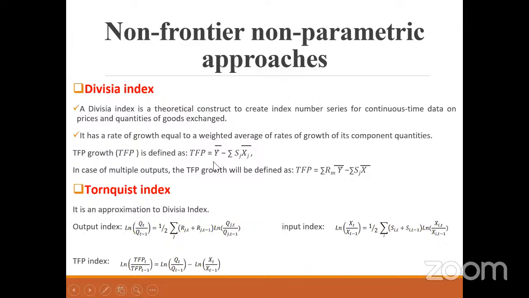In case of multiple outputs, the output growth will be multiplied by the revenue share of each output. Like TFP is the summation of the revenue share of each output into the change in output minus the share of each input into the change in input. The second index, the Tornqvist Index, is an approximation of the Divisia Index.